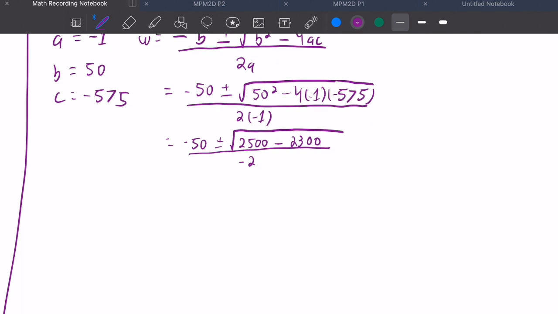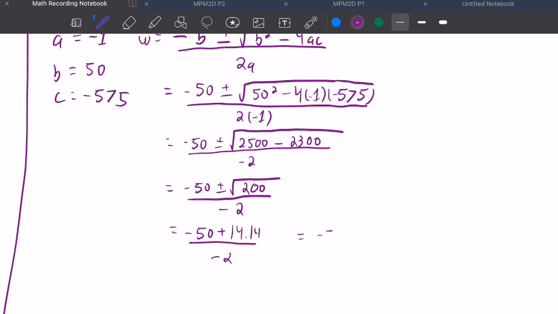What we're going to do now is bring the information together inside the square root, plus minus the square root of 200, it's getting smaller now, all over negative 2. Now we're going to break off. We're going to have plus on this side. Get plus square root of 200 is 14.14 approximately, so all over negative 2. And then on our other one, we're going to do the negative of the square root of 200, so we get negative 50 subtract 14.14 all over negative 2.